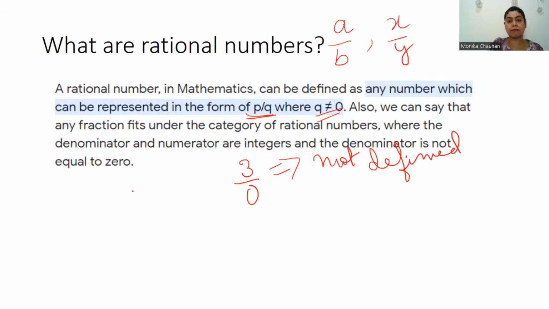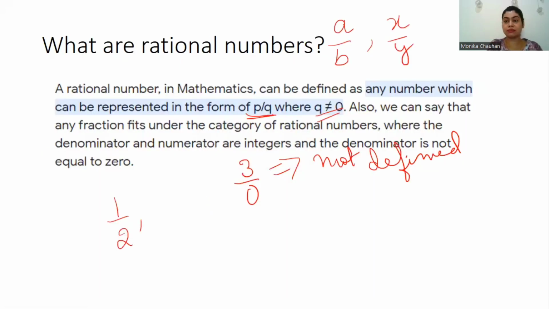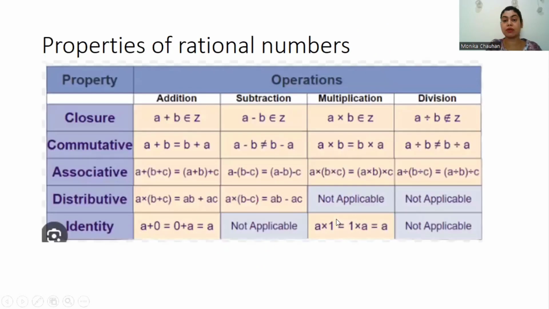So when I say here 1 upon 2, it is a rational number. If I say 3 upon 4, this is a rational number. If I say minus 7 upon 2, this is also a rational number. And then 9 upon minus 5. This is also a rational number.